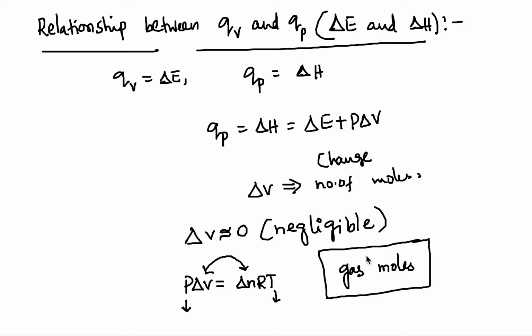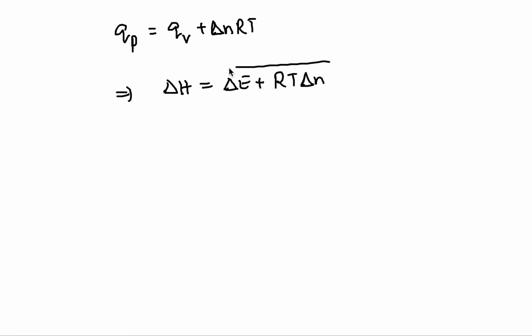Therefore, we can write P delta V as delta nRT. Now from this we can say QP is equal to QV plus delta nRT. That means delta H is equal to delta E plus RT delta n. This is the relationship between heat of reaction at constant volume and heat of reaction at constant pressure.